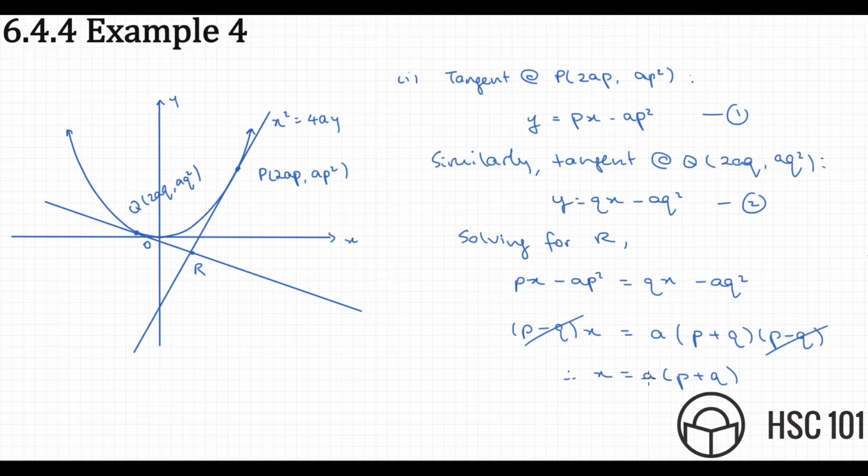And now once we've got this, if we want to find the y value, we'll just substitute it back into either of the two equations. Okay, so part 1 continued, when x = a(p + q), remember that the equation of the tangent at P, which is my preferred one, is given by y = px - ap². Of course, if I take this and substitute it into the equation of the tangent at Q, we'll get exactly the same thing. It makes no difference.